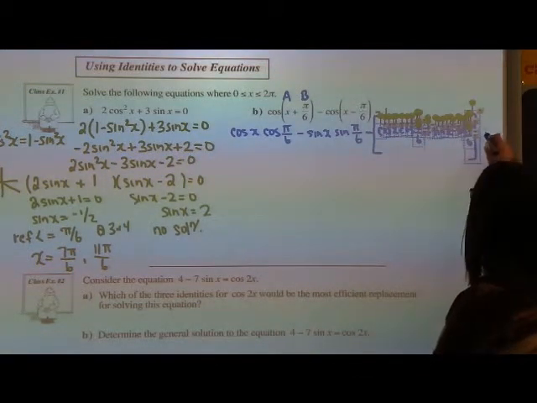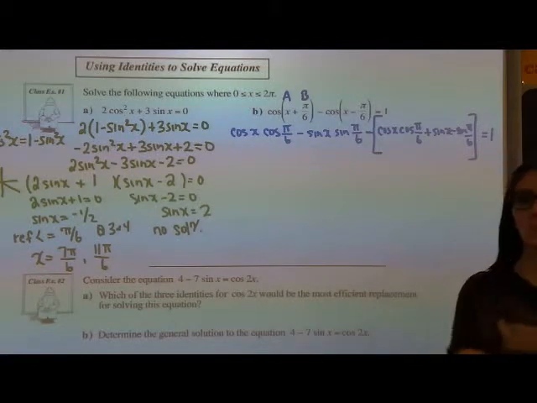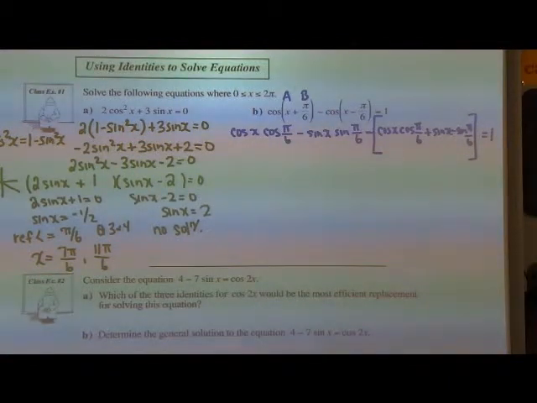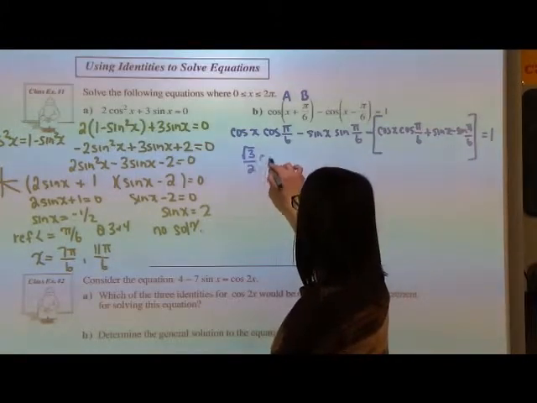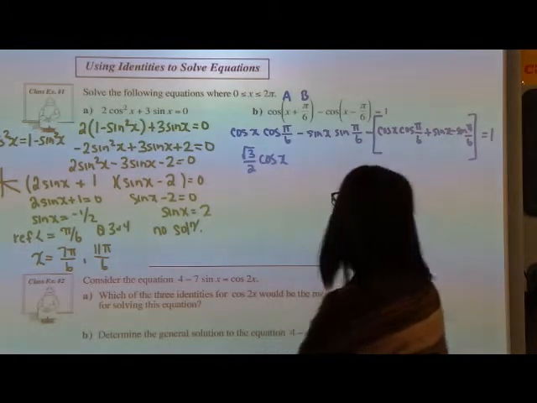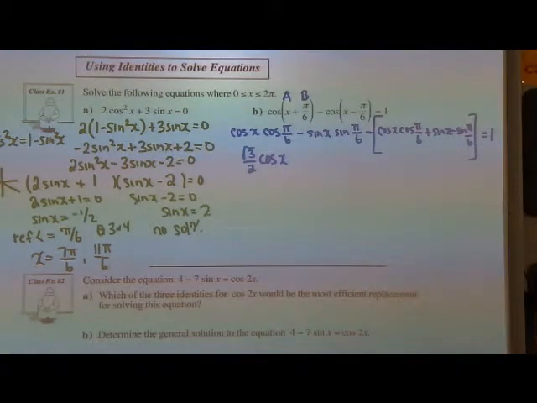What's cos π/6? Root 3 over 2. Okay? So I get root 3 over 2 cos x. What's sin π/6?